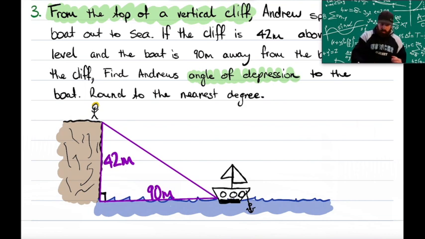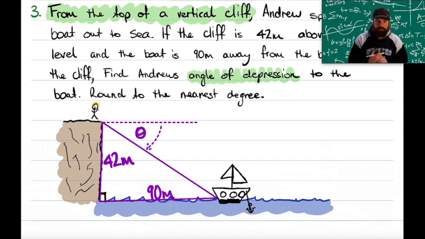However, remember we were asked to find the angle of depression. So the angle of depression means I look out from the horizontal and then we look down. So what I need to do is we're actually looking for this angle in here.